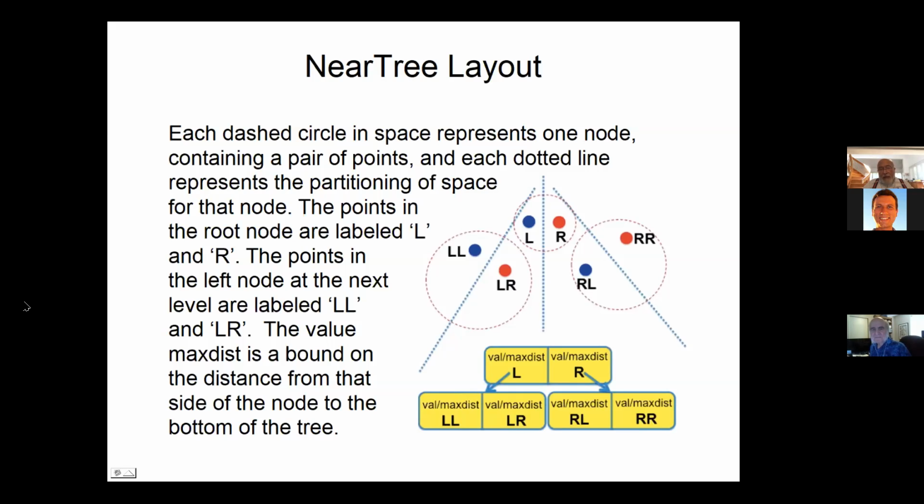NearTree from Kalantari and McDonald is very, very effective for these problems. As a matter of fact, it's effective for a lot of problems. It works very, very well. It adds a little bit to the data structure. One of the most important things that it adds, in keeping track of the tree, is the maximum distance from the node you're on to the bottom of that segment of the tree.